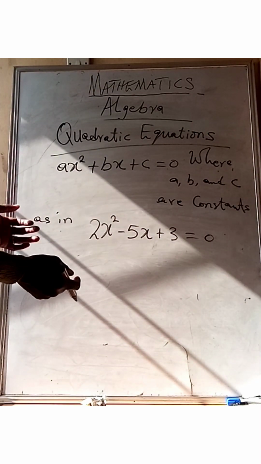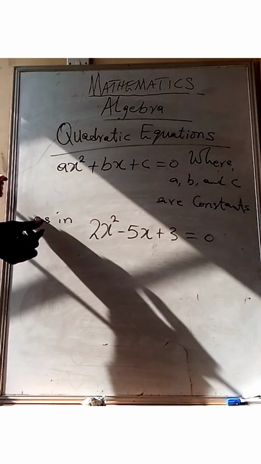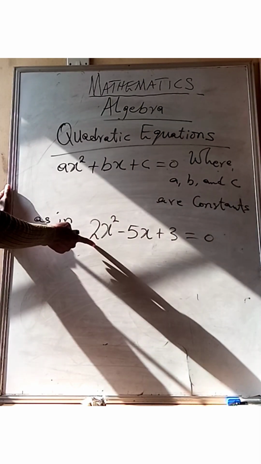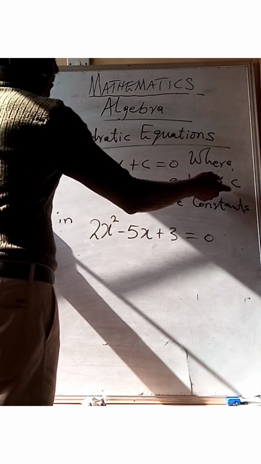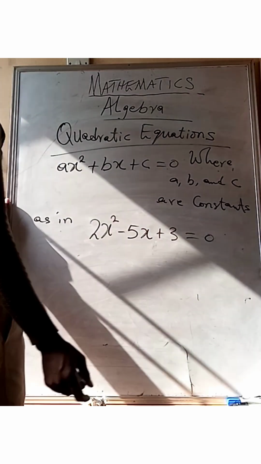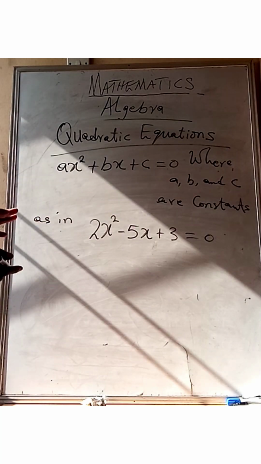If we compare the coefficients, a in this case is 2, b is negative 5, and c is equal to 3. So this is the general form of a quadratic equation.